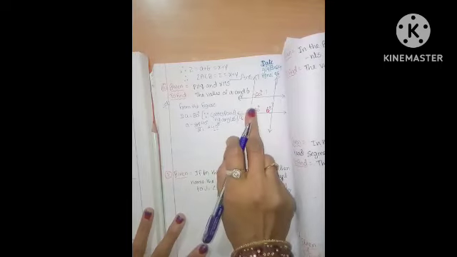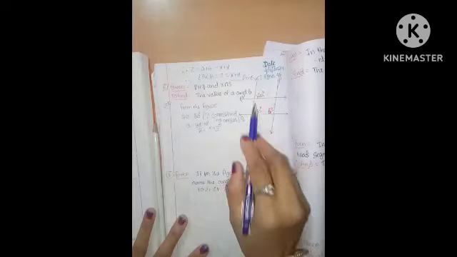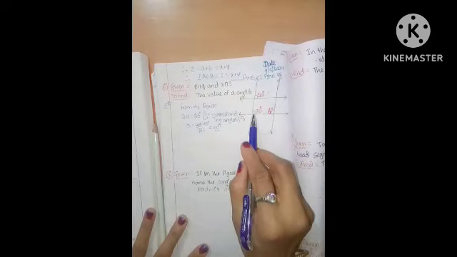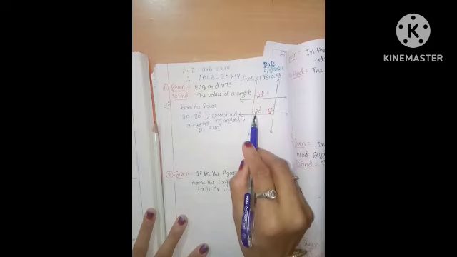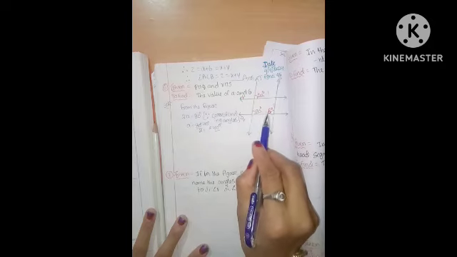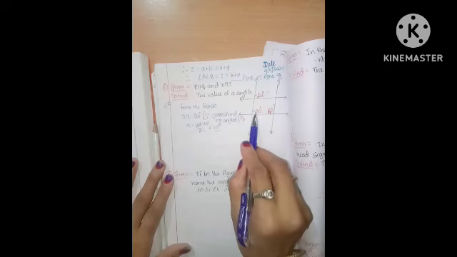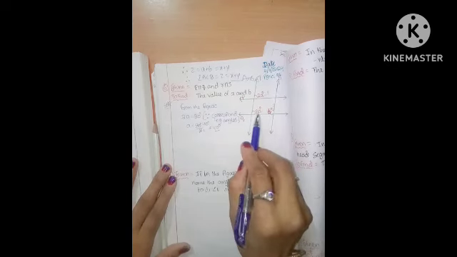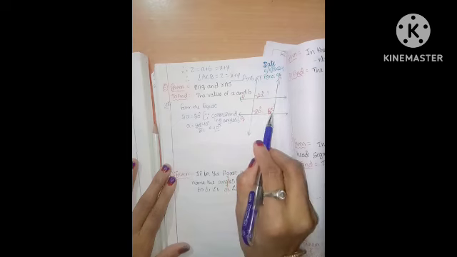Next, how do we calculate the B angle? Observe: these two are parallel lines, and these two are interior angles, on the same side of the transversal.